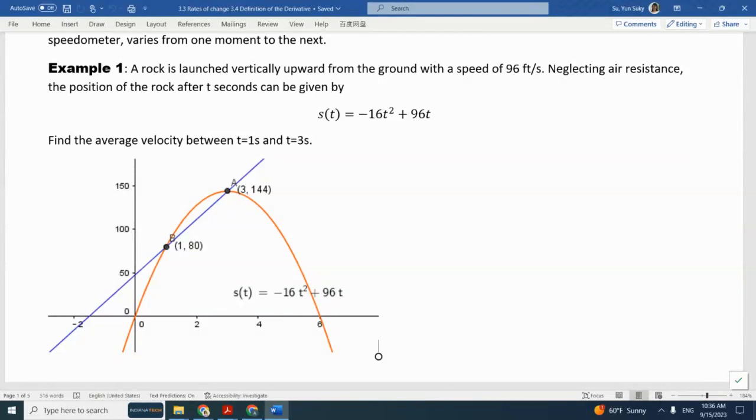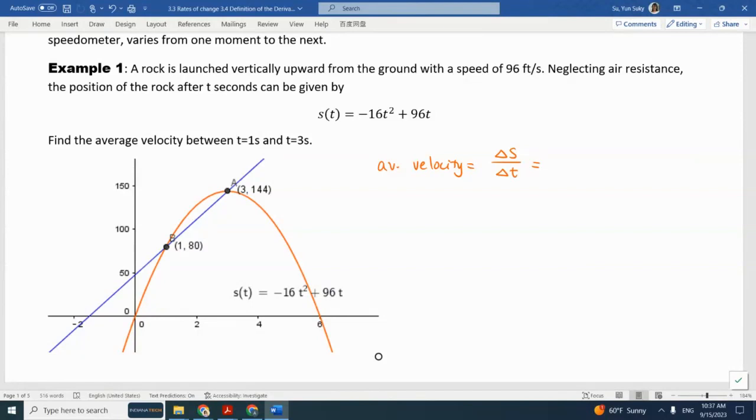Find the average velocity between t = 1 second and t = 3 seconds. Okay, everybody? So find the average velocity. So average velocity is the change of the distance over the change of the time.